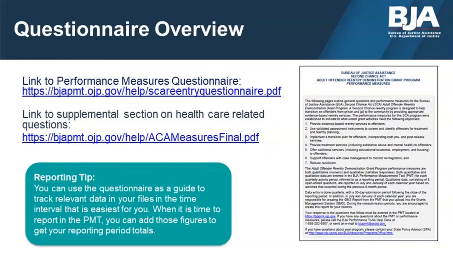It doesn't actually explicitly refer to this particular SBA program because a few different cohorts in various SBA programs have utilized this same questionnaire. Please remember, it is easier to track data outside PMT on an ongoing basis and then add it all together when it is time to report in the PMT.